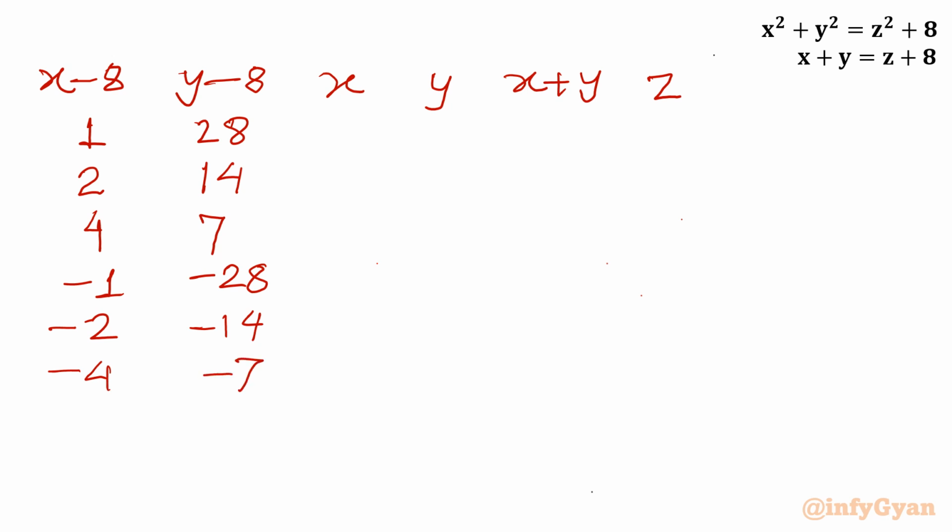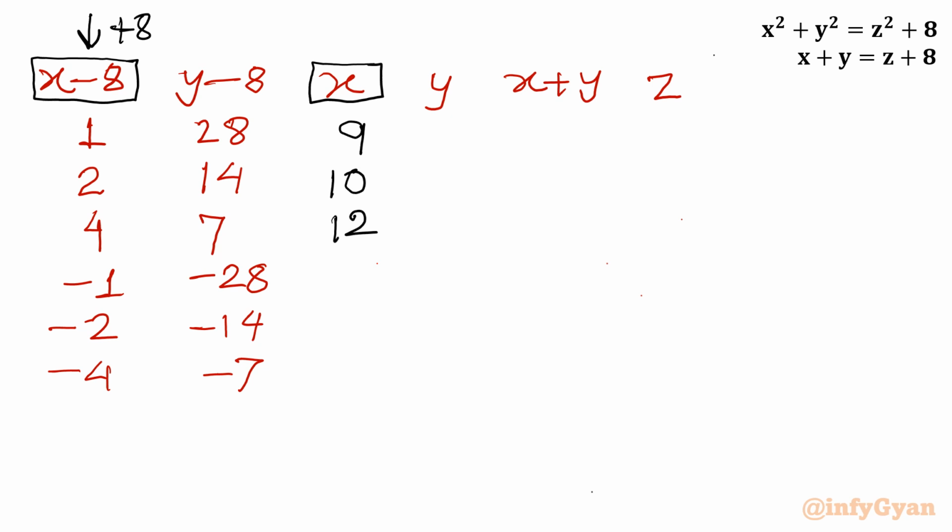Now we have to calculate the x and y columns. From x minus 8, if I want to calculate x, I need to add 8. So 1 plus 8 is 9, 2 plus 8 is 10, 4 plus 8 is 12, minus 1 plus 8 is 7, minus 2 plus 8 is 6, minus 4 plus 8 is 4. Similarly, from the y minus 8 column, if I add 8, I get the y column.